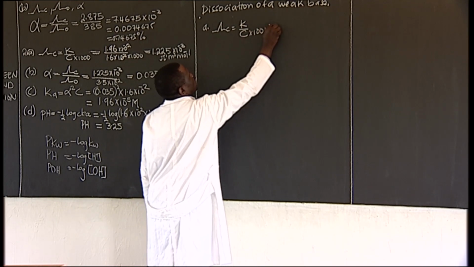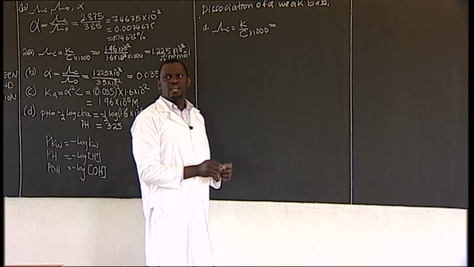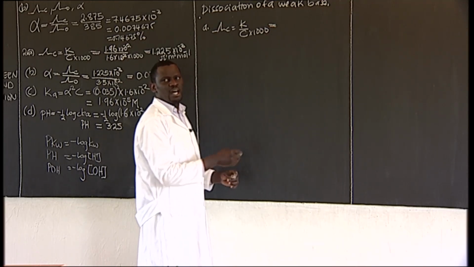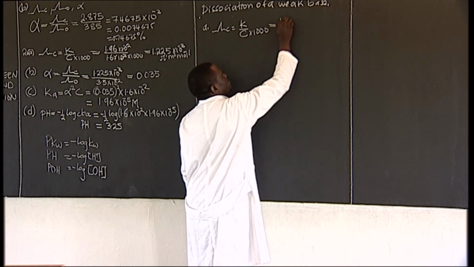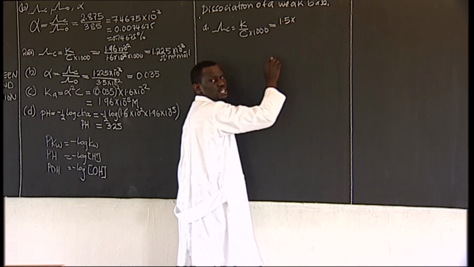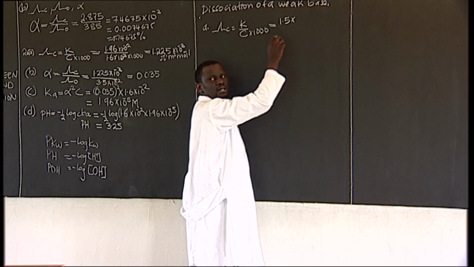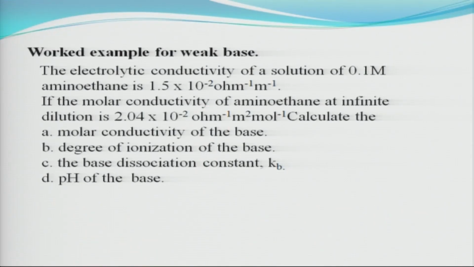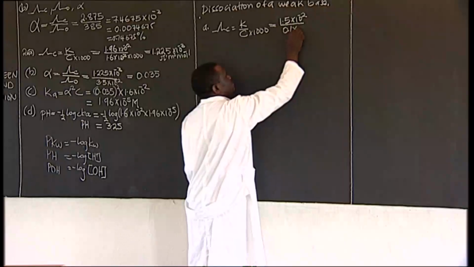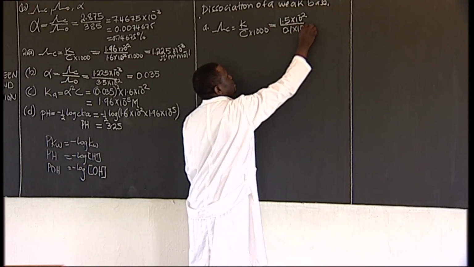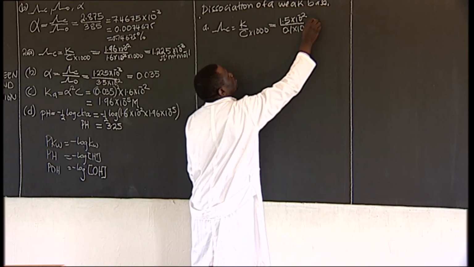So we continue here and we get our K. You can tell me the K and we move faster. So our K is 1.5 times 10 to the power negative 10, divided by C. C is 0.1. Today our C is very nice, very easy to recognize.